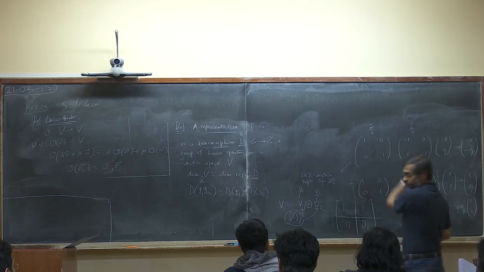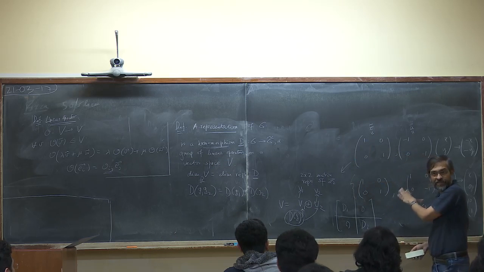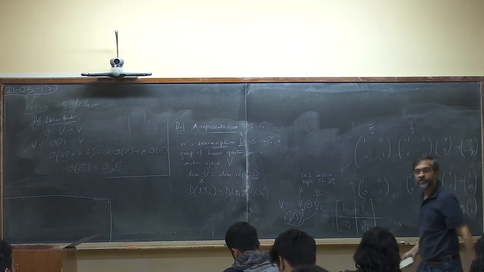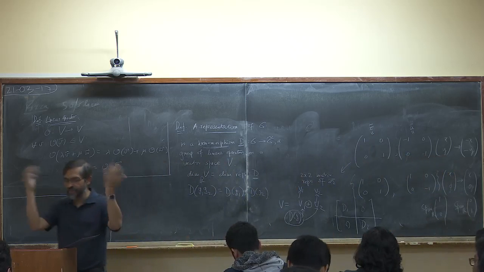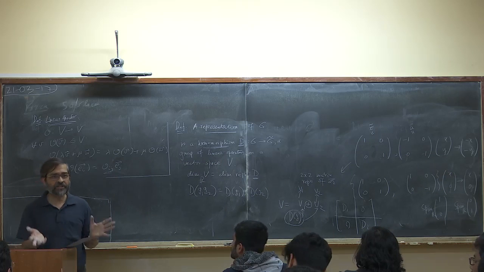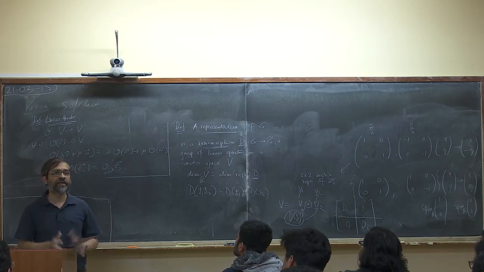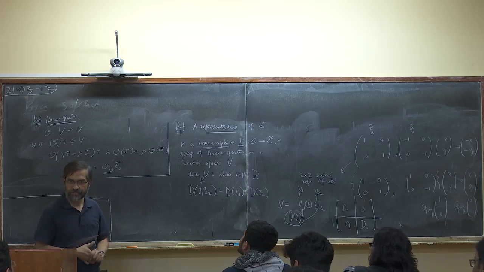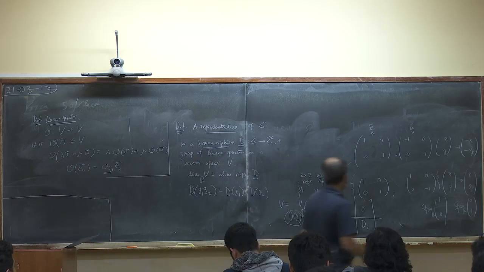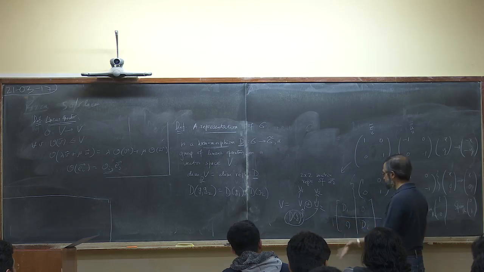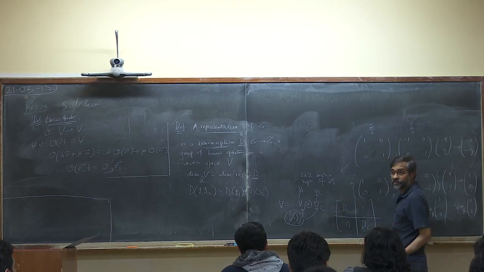So I'll sort of go through this thing again next time because this was a bit fast. So I'll go through them this time. If you have some arbitrary representation, there are tricks to find out whether you have got an irreducible representation or not. Okay. So that is to say, sometimes if you make a similarity transformation, it might get all scrambled. It might not look like block diagonal.